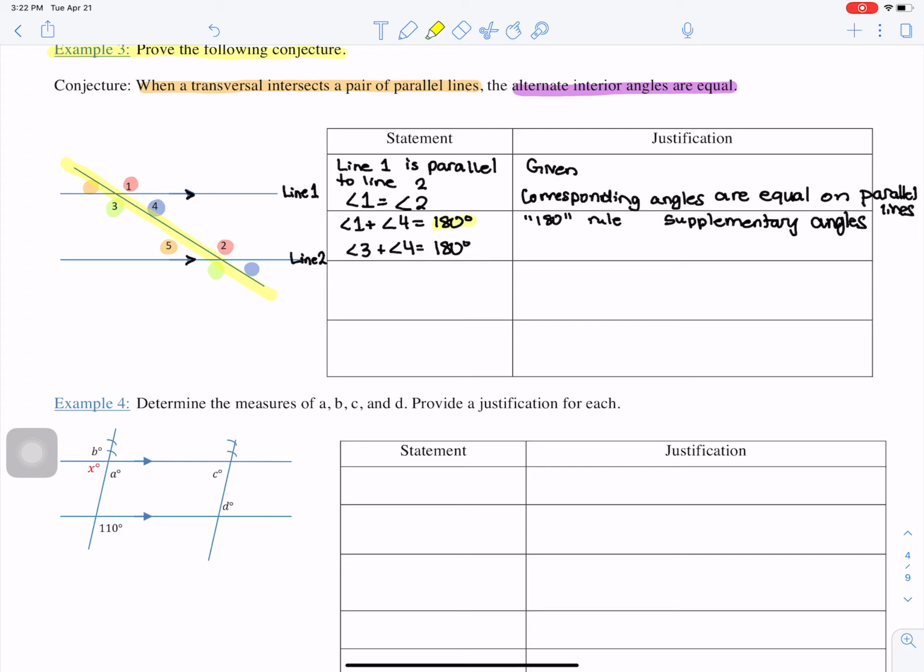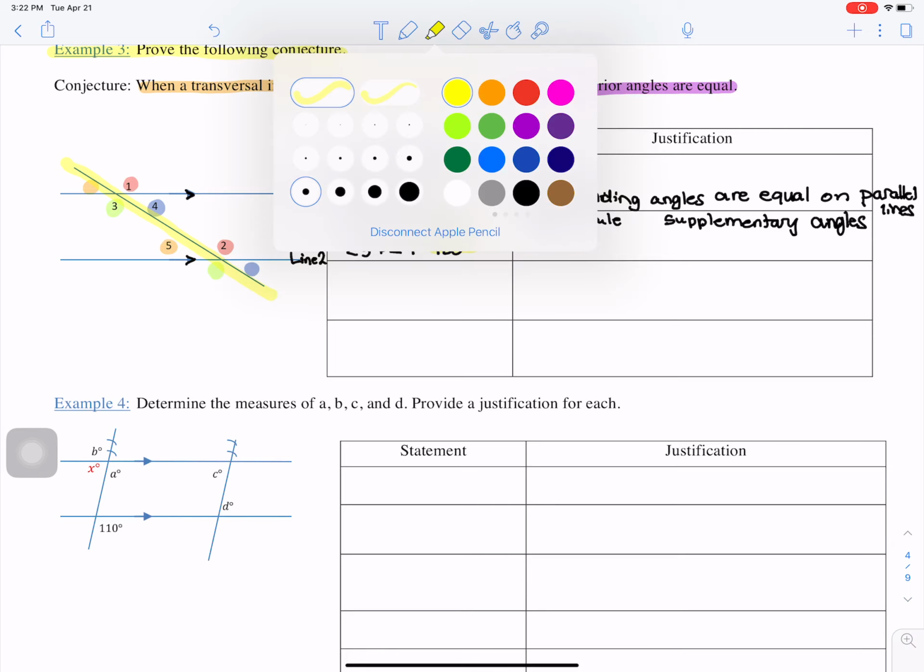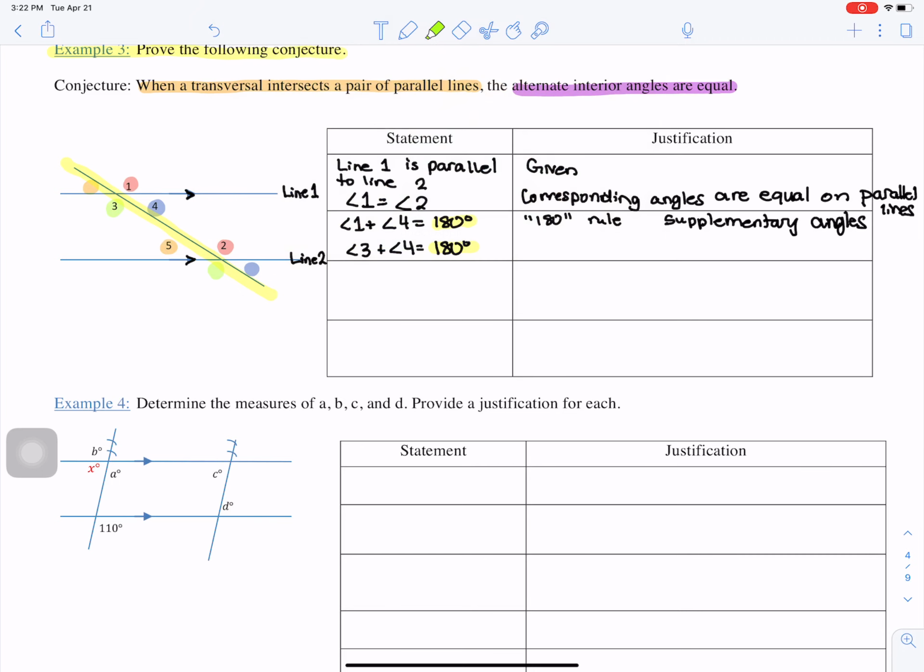Okay? So now we're going to do something called a transitive property. So because both of these 180s are exactly the same, I highlight both the 180s, and then if I highlight angle 1 and 4 and 3 and 4, the yellows are equal and the greens are equal. So that tells me that angle 1 is equal to angle 3. Okay, and we can call that transitive property from previous step.